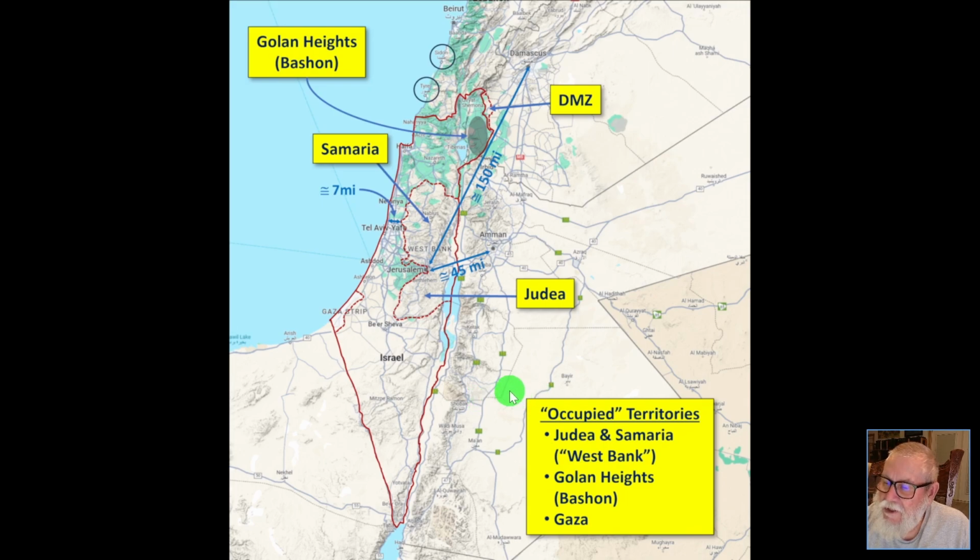So the current boundaries of the nation of Israel are the solid line, and it stretches from up here at Mount Hermon all the way down to the Gulf of Aqaba, to a resort city called Eilat.